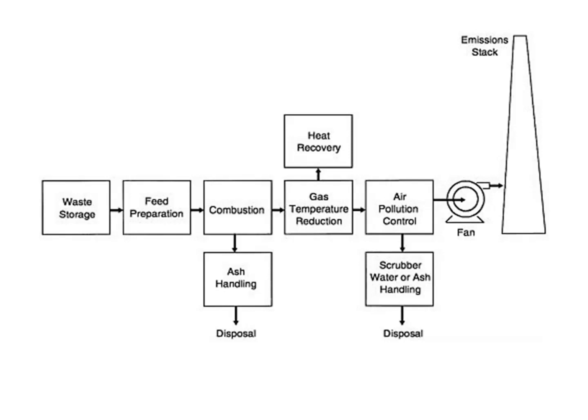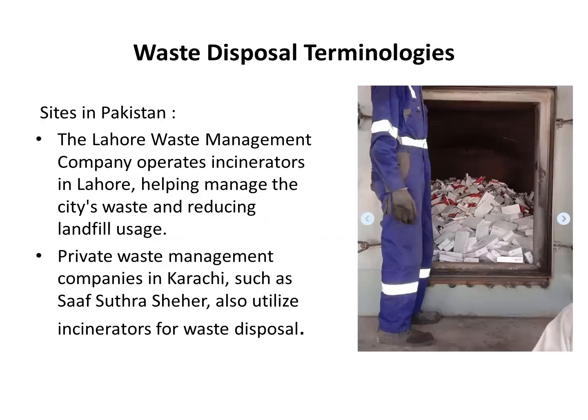Moving forward, now the sites that are the more common incinerator, one is in Lahore. Lahore Waste Management Company operates incinerators in Lahore. And also there is a private entity in Karachi called Saaf Suthra Sheher that also uses this incinerating procedure for disposing the waste.